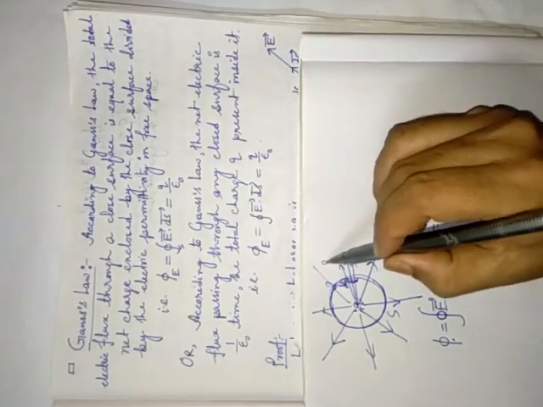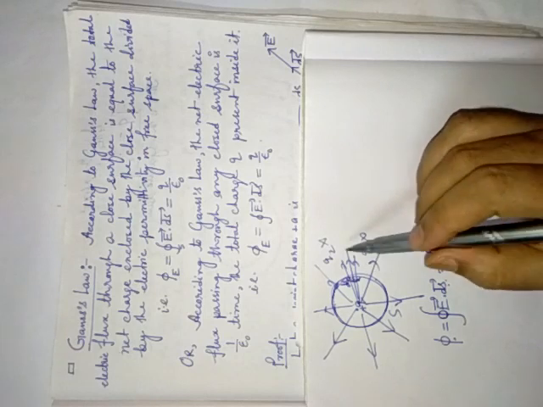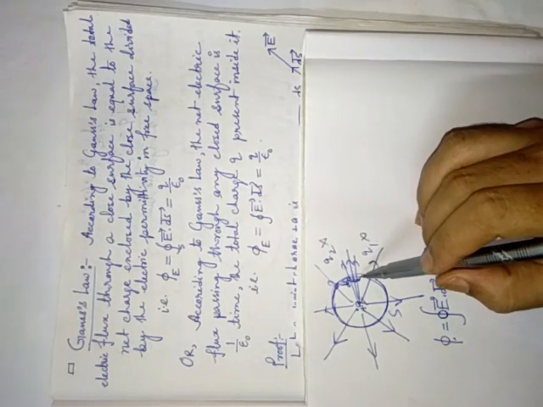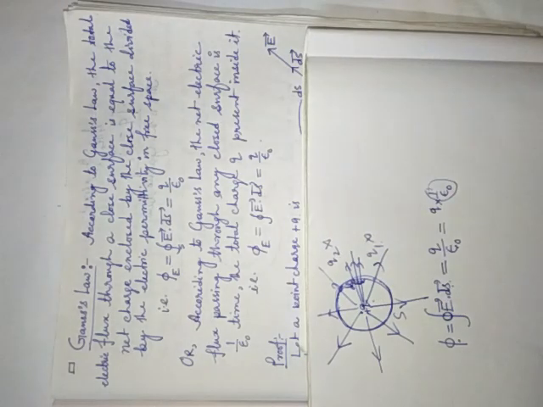Suppose there were charges q1 and q2 outside the closed surface, you don't have to consider q1 and q2. Only you have to consider the net charge enclosed by the surface. This is Gauss's law.